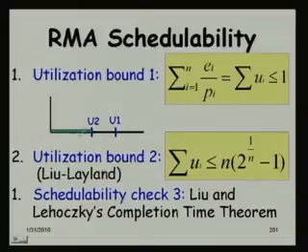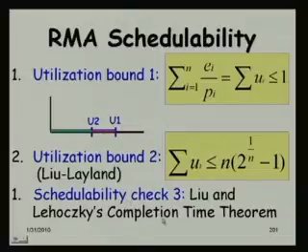As long as it is less than U2, we can positively say that it will run satisfactorily. But what if it exceeds U2 and is less than U1? There is a chance that it will be schedulable, and that is given by Liu and Lehoczky's completion time theorem. We will look at it.